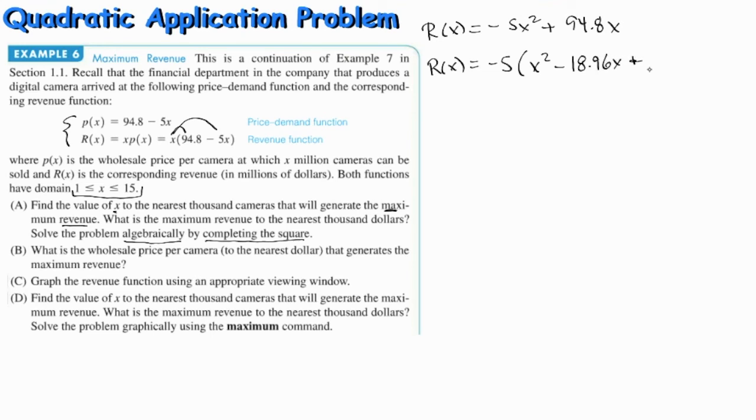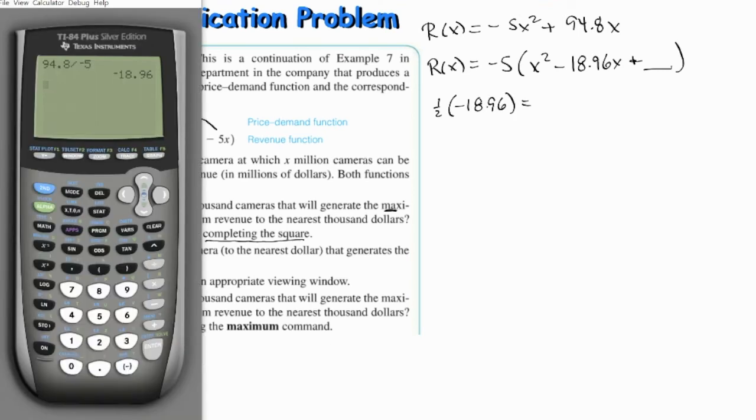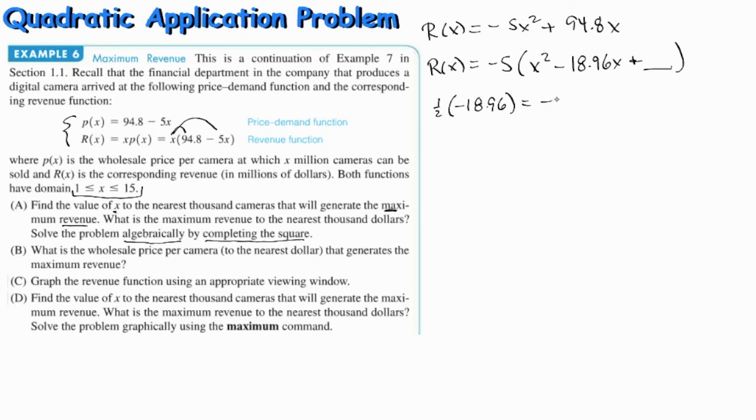Then we are going to complete the square. So to complete the square, we take 1/2 of negative 18.96. And that gives us negative 9.48. And then we square negative 9.48.